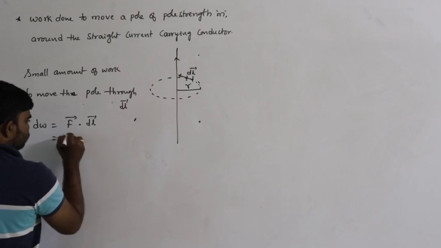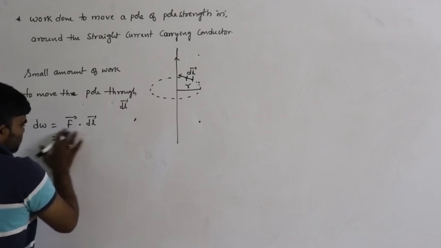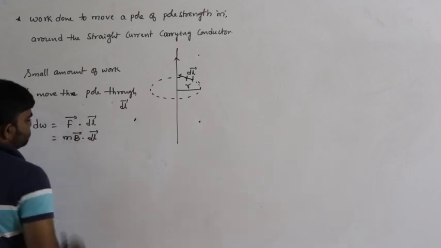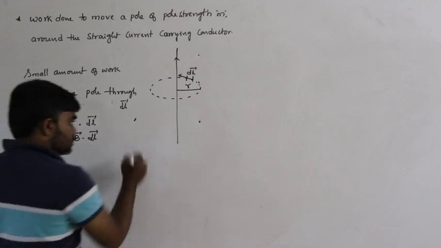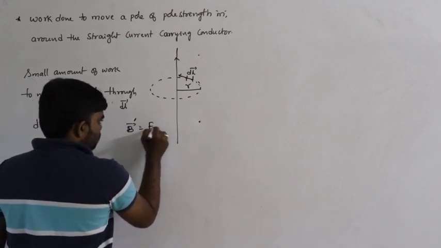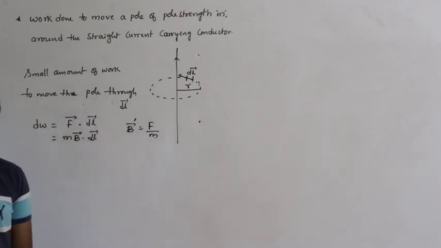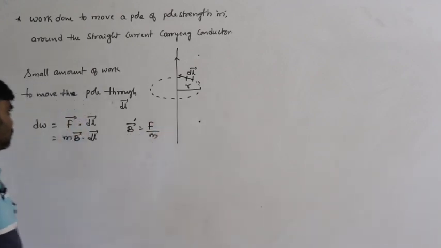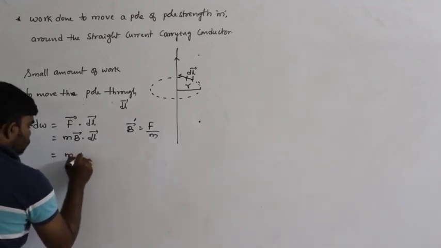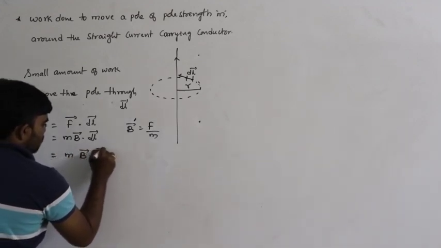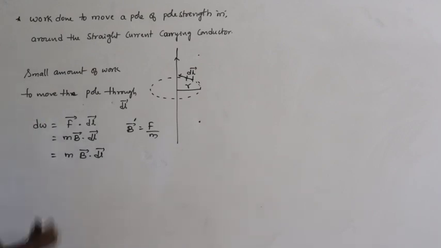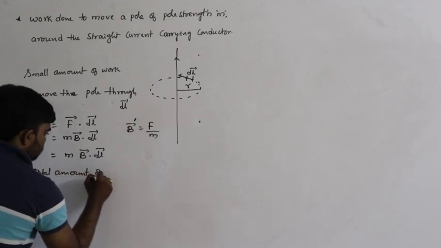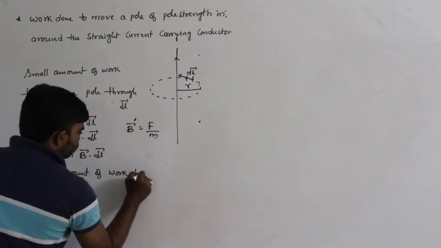So f, we can write as m B bar dot dl bar. Intensity of the magnetic field can be defined as force per unit pole strength. So m into B bar dot dl bar. So what is the total amount of work done?